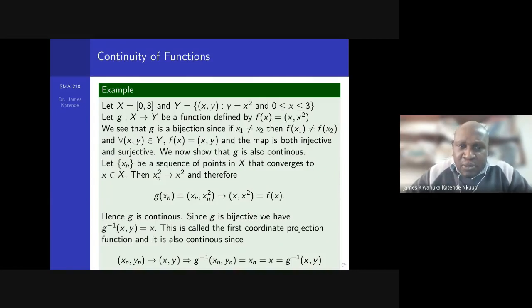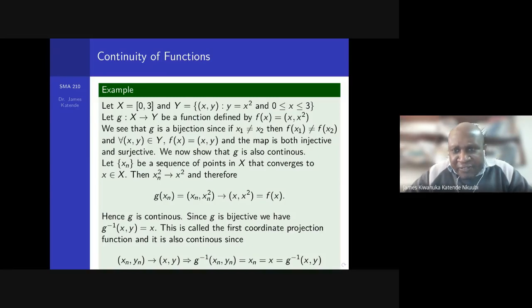Now, you can check that it is surjective because if you pick any element (x, y) in the codomain, then y must be equal to x squared, and it will be possible to find an element in X such that G of x is equal to (x, y). This will always be possible, and that says the map is surjective. Since the map is both surjective and injective, we can conclude that it is bijective.